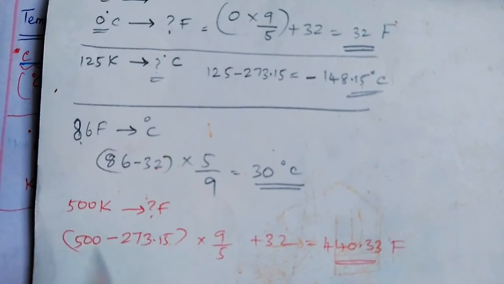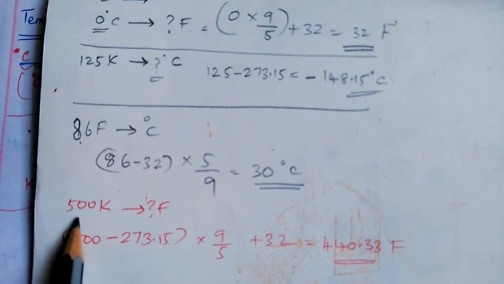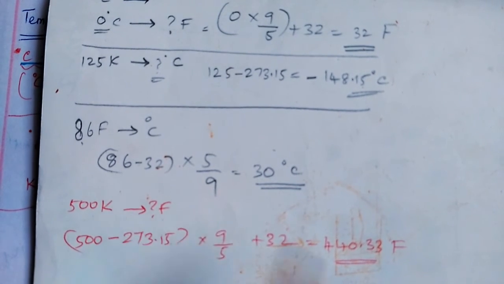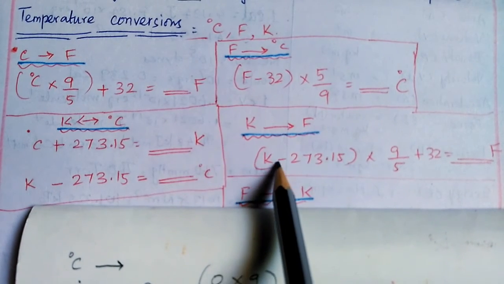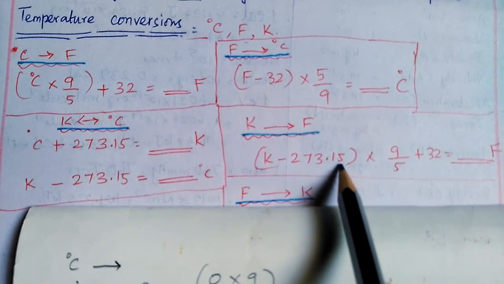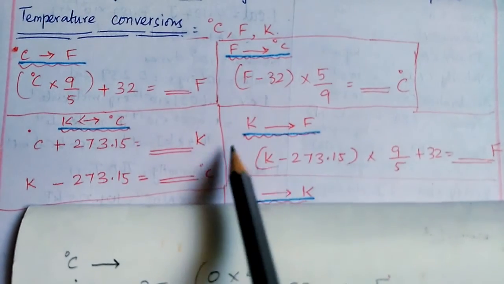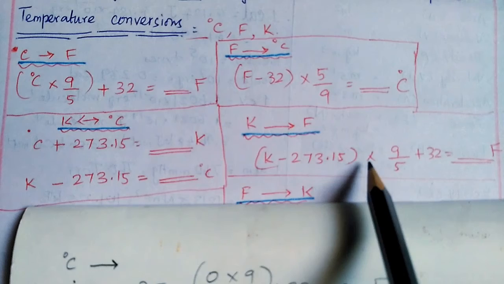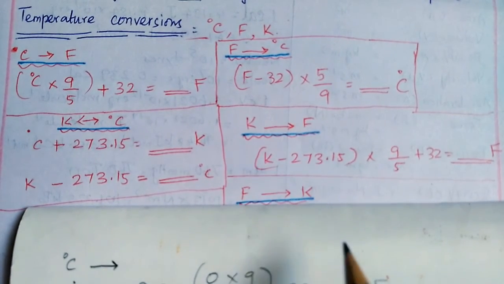And the next question is 500 Kelvin. If the value is 500 Kelvin, what is the value in Fahrenheit? So Kelvin into Fahrenheit, we know the formula here: Kelvin minus 273.15 into 9 by 5 plus 32. Before adding the 32 we should simplify these, and before multiplying that with 9 by 5 we should simplify this.